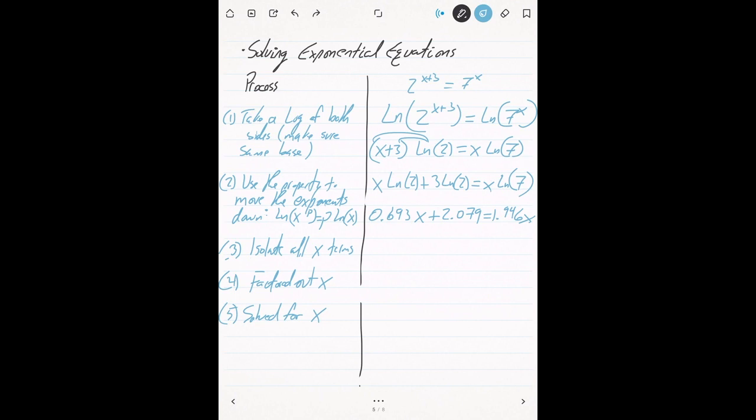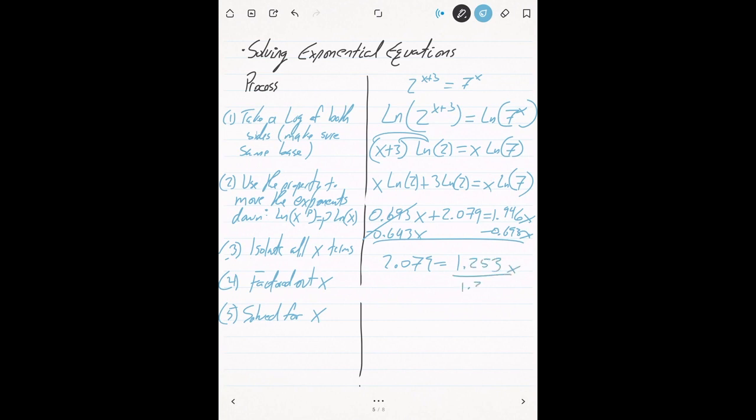So sometimes this is easier for students because they can obviously say, oh, well, let me just subtract this value from both sides, 0.693x. We're going to end up with a 2.079 equaling, let's see, 1.946 minus 0.693. That gets me a 1.253x.